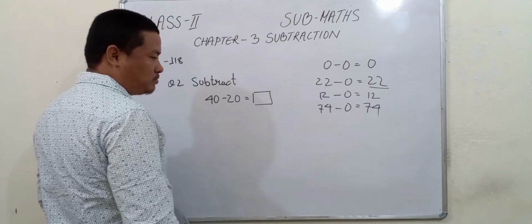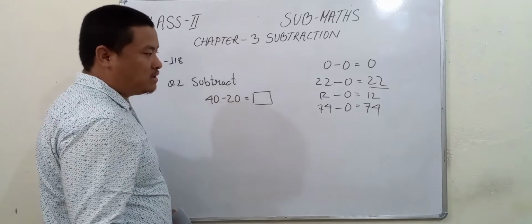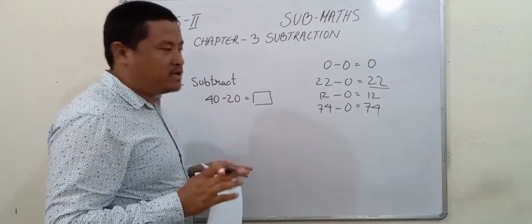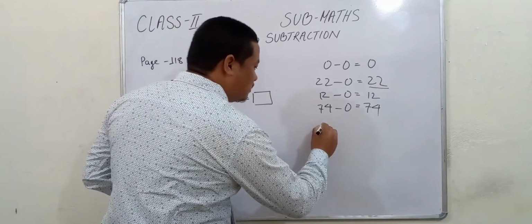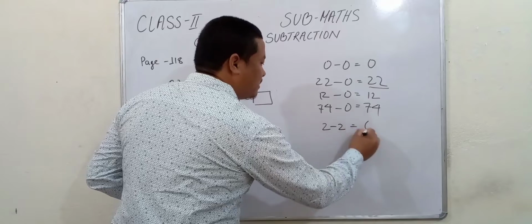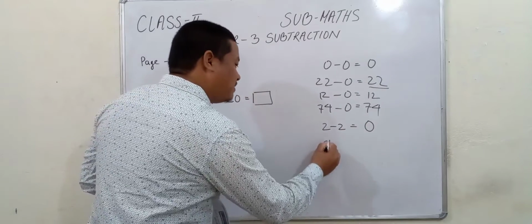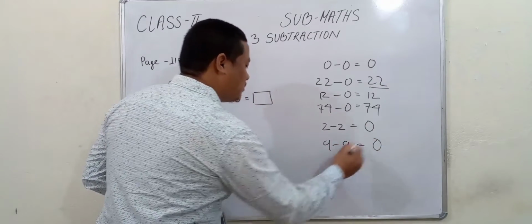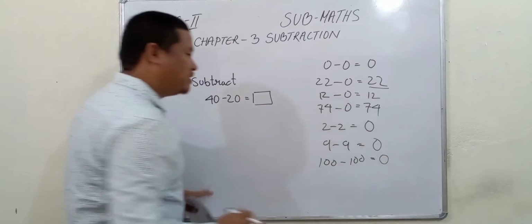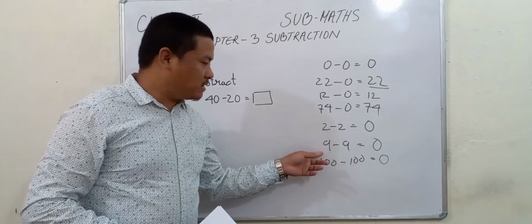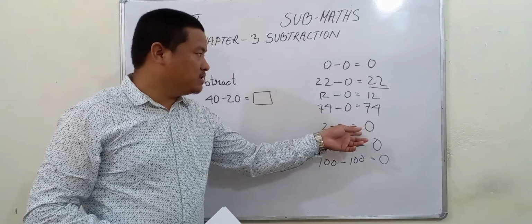But one more thing is there. When the same number is subtracted from each other, we will get 0. Suppose 2 minus 2 will get 0. 9 minus 9 will get 0. 100 minus 100 will get 0. That means when the same number is subtracted from each other, we will get 0.